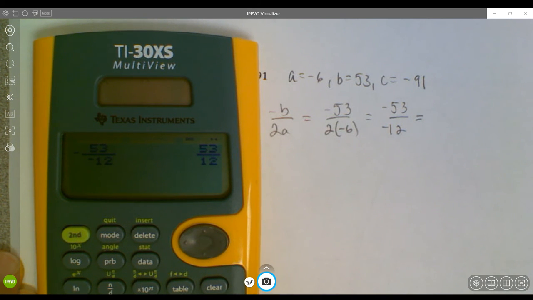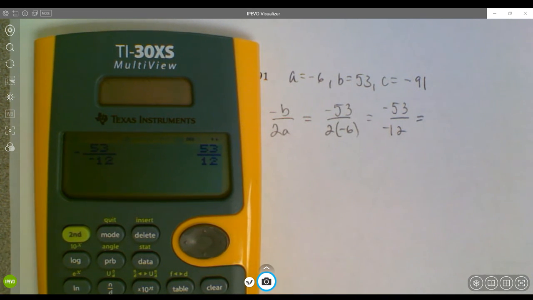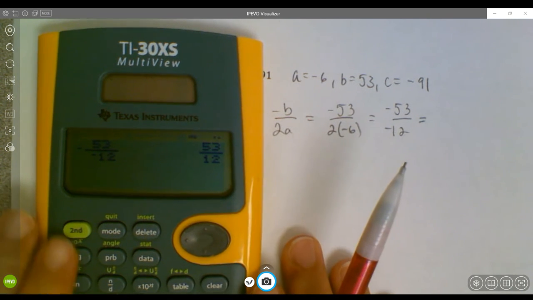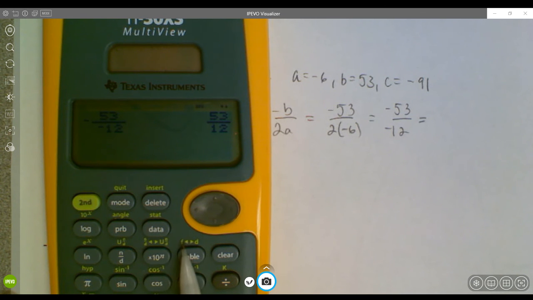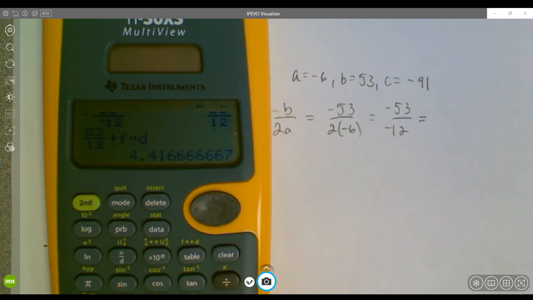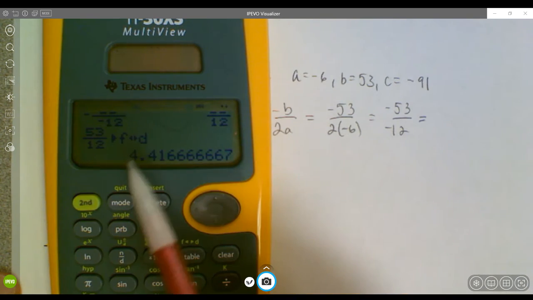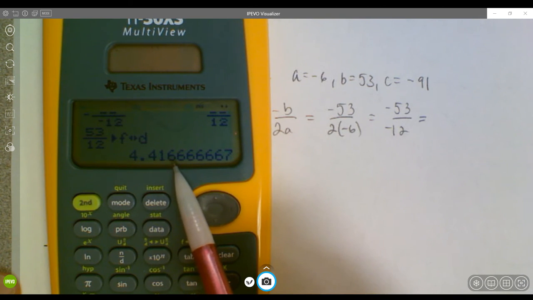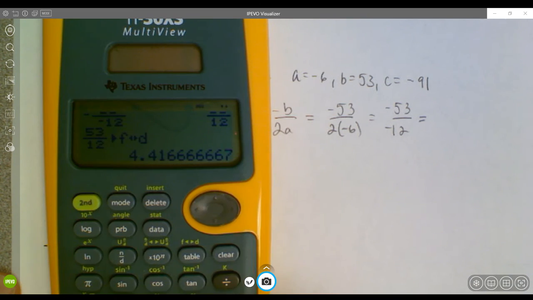Oh, and I need a decimal. So I want to turn this into a decimal, which is right here. Fraction to decimal, F to D. If you ever see it on a calculator, it will turn a fraction into a decimal for you. So I get 4.41666 all the way to 7.